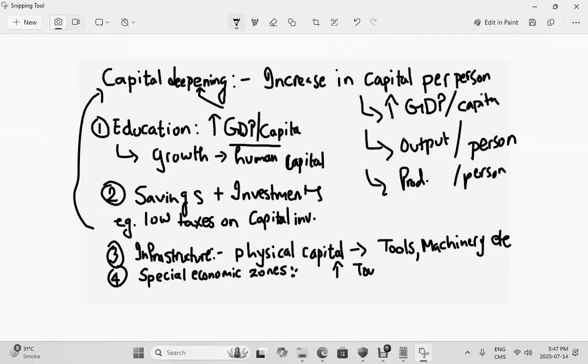This could be zones where trade activity is at its highest compared to the rest of the country. This could be zones where you have free trade, so no taxes, and an increased amount of trade, import and export, and maybe even investment, such as investment in real estate. Often people go to other countries to invest in real estate because real estate over there is less expensive.